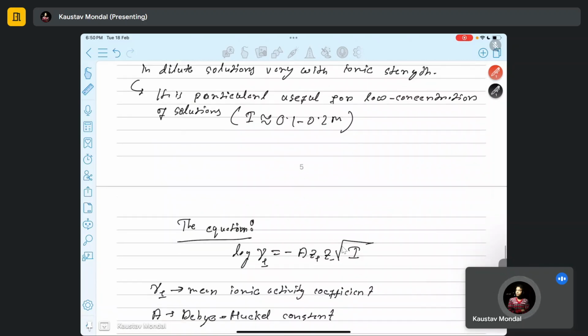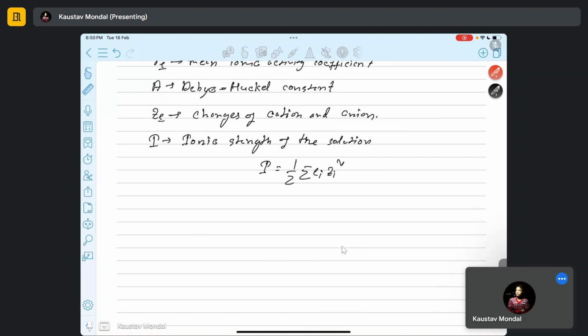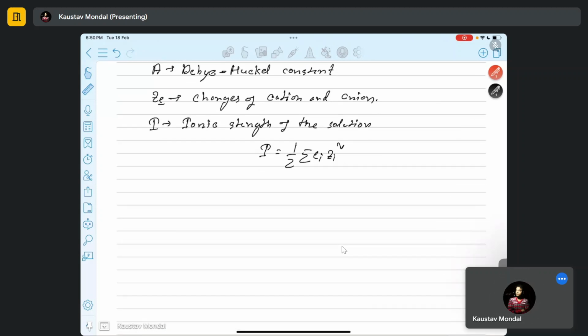So how to do that? For Na2SO4, it will simply disintegrate into 2Na+ plus SO4 2-, right?